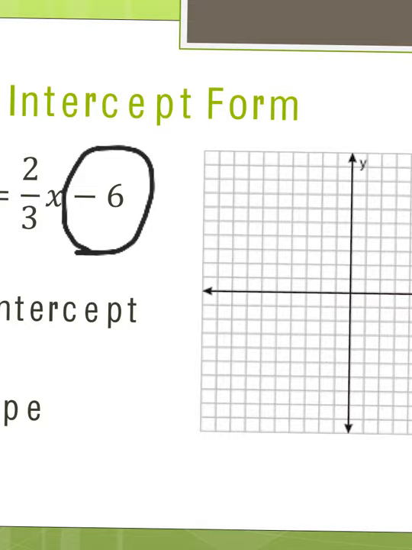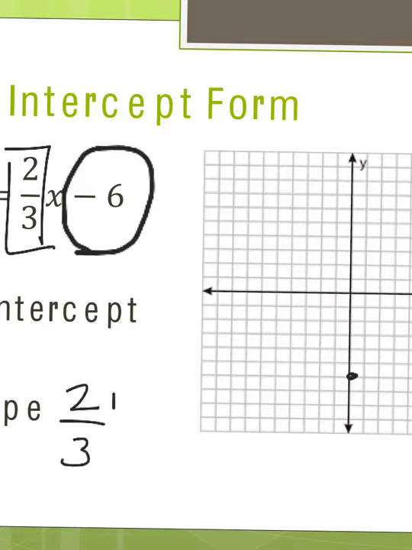There we are at -6, and we know that it grows 2 for every 3, so it rises 2 for every 3 it runs, up 2 over 3, up 2 over 3, and so we know there's 0, -6, and another easy number is 3, -4, and 2, -2, etc. And so the graph of this line, y equals 2/3 x minus 6, we can graph it with the table of values or go ahead and just graph it with the information from the equation.